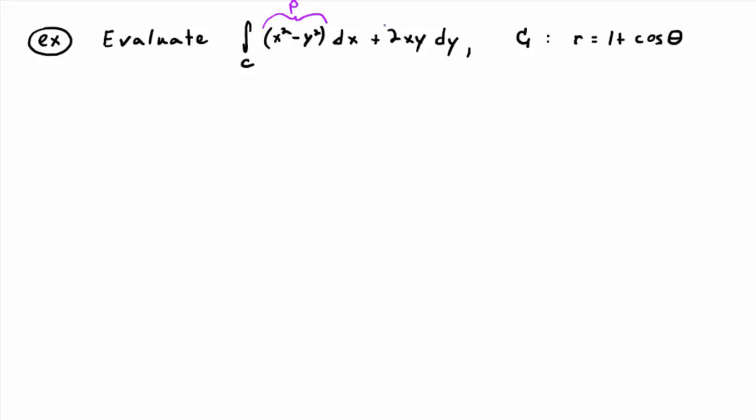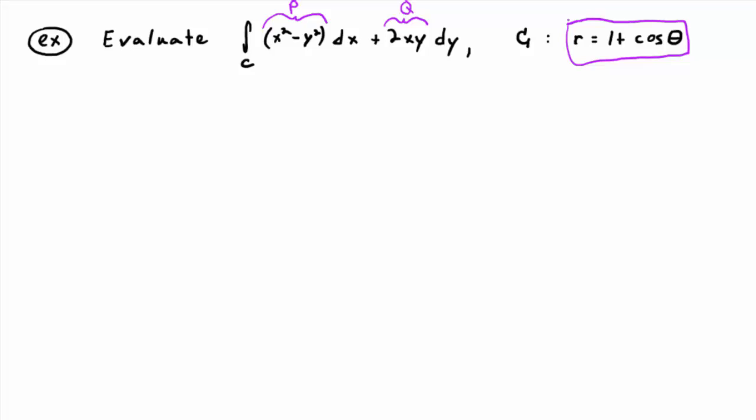The thing that we call Q is going to be the part attached to the dy. Okay? And does C satisfy the hypotheses of Green's theorem? It graphs to be, do you remember what a cardioid is? Yeah, it's a cardioid.